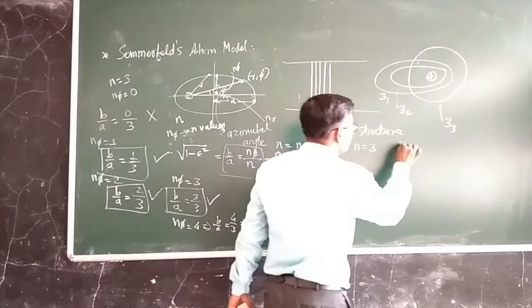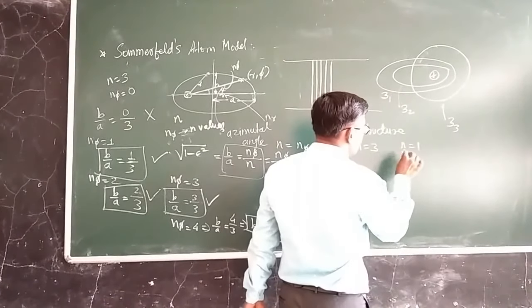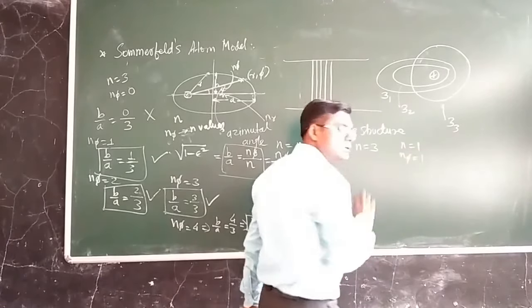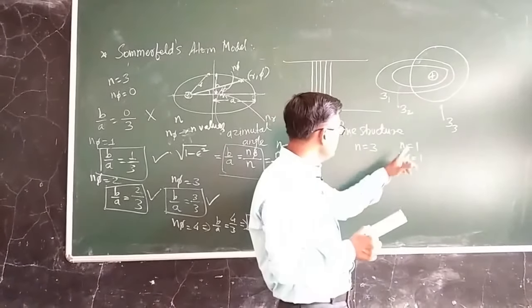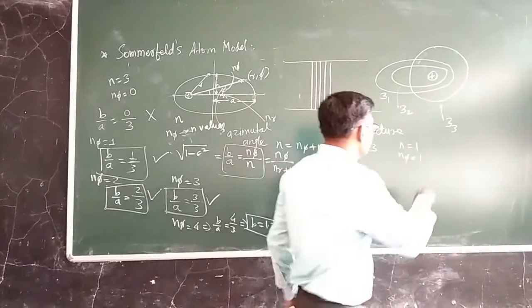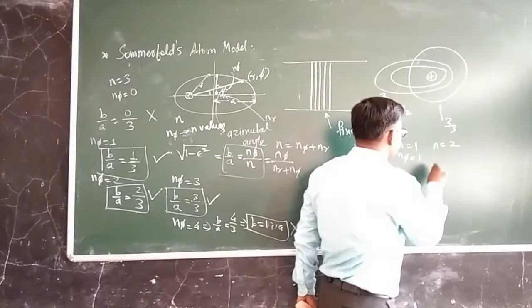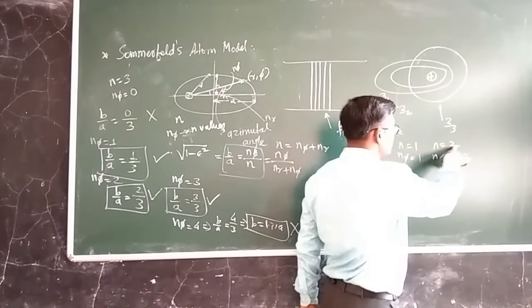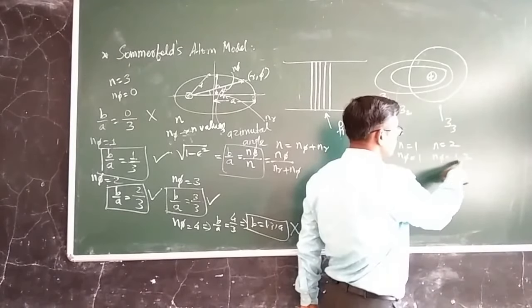Suppose n is equal to 1. If n is equal to 1, then n phi can have only one value. So what is the one value? That will be 1. So in case of n equal to 1, only one orbit will be possible. If n is equal to 2, then n phi will be equal to 1 comma 2, because two values are permissible.